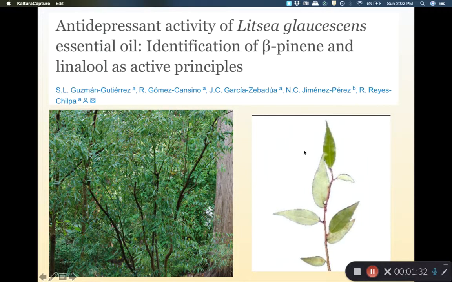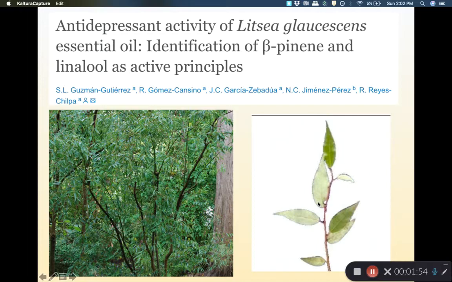One plant of particular interest is called Mexican bay leaf. This Mexican bay leaf is used by traditional folk healers in the application of depression and other sadness related ailments.